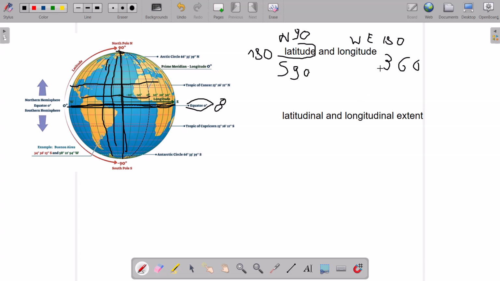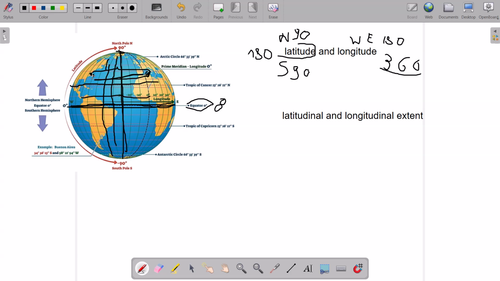So as we can see, the distance on Earth is represented by these latitudinal or longitudinal lines, and we compare different values. For example, one point is here, another point is there. So we can calculate the extent, the range, what's the distance between these 2 points, right?